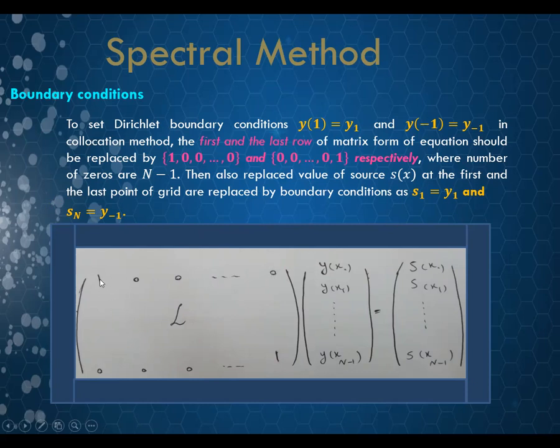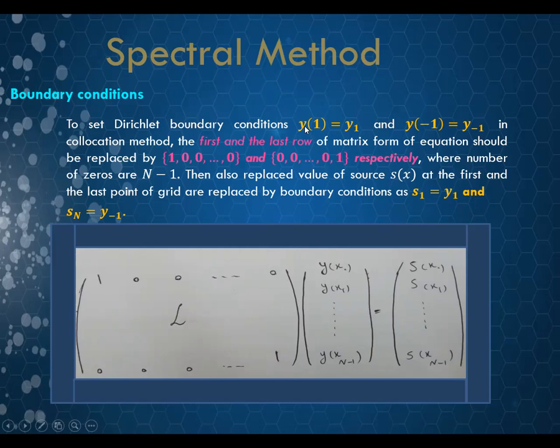The first element is 1 and the others are 0, and here the elements except the last one are 0 and the last one is 1. If you multiply this row by this column, all of them vanish and remain y at x0 equals s at x0.